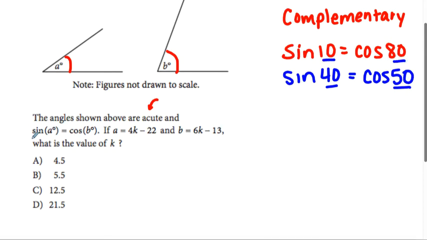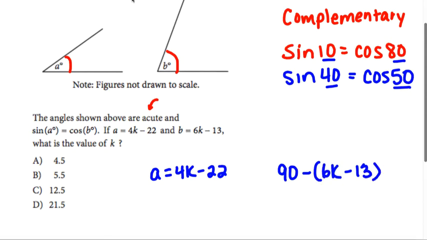So when I see the sine of A is equal to the cosine of B, I know that A, 4k minus 22, is the same as 90 minus 6k minus 13. So I can set 4k minus 22 equal to 90 minus 6k minus 13.